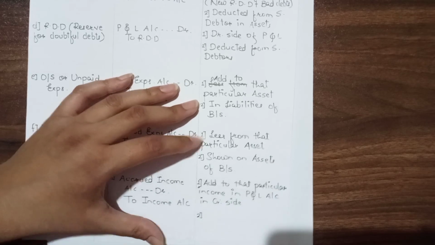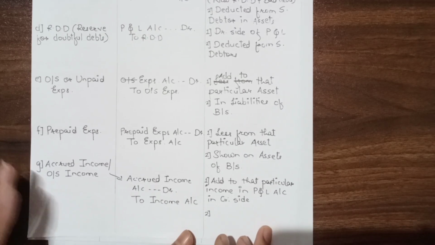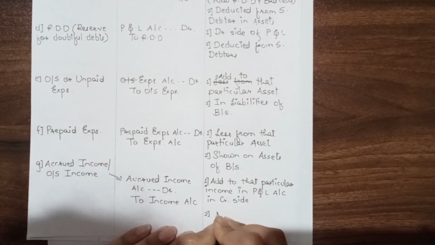And the second effect will appear in the asset side, because this is your income, it is your asset. So the second effect is shown in the asset side of the balance sheet.